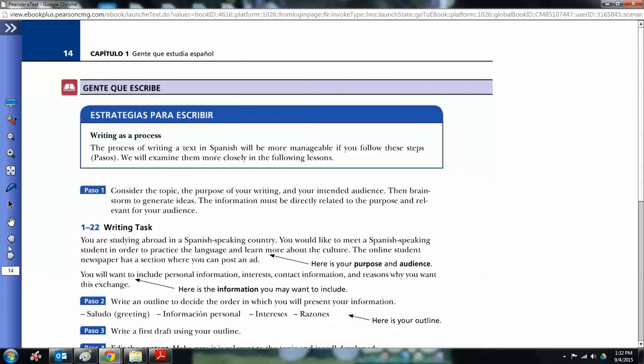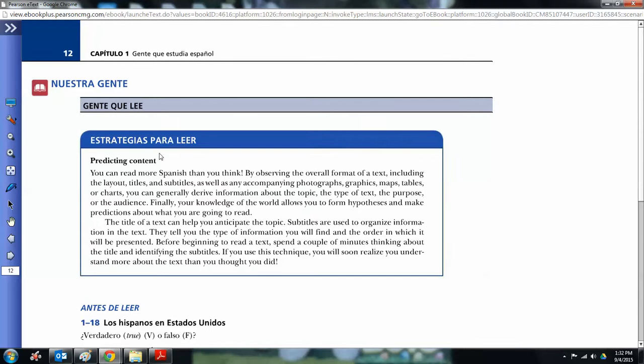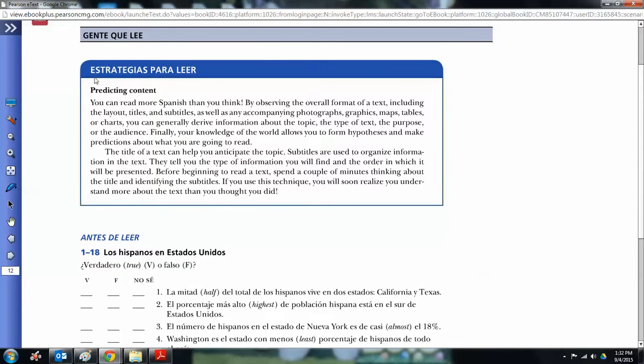Okay, so if we go back though to page 12, that tells us how to read. Estrategias para leer. Predicting content. You can read more Spanish than you think by observing the overall format of a text, including the layout, titles, and subtitles, as well as any accompanying photographs, graphics, maps, tables, or charts.